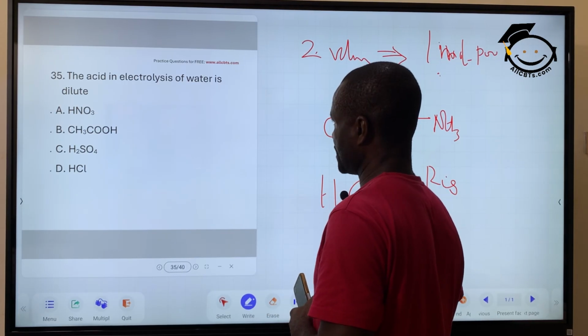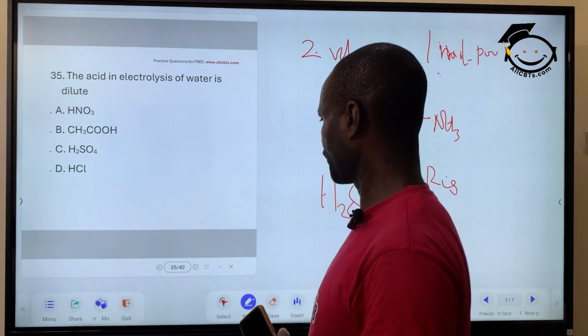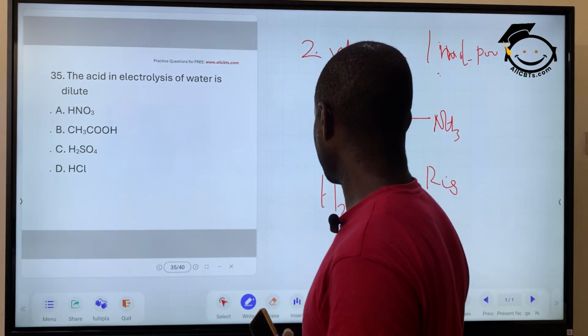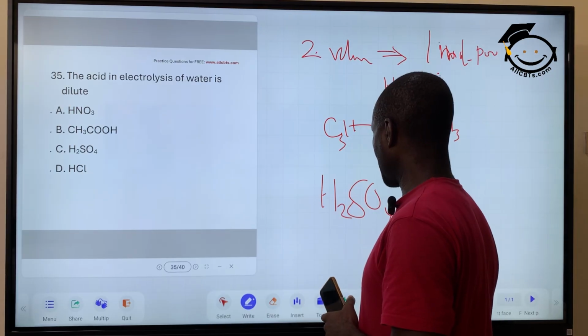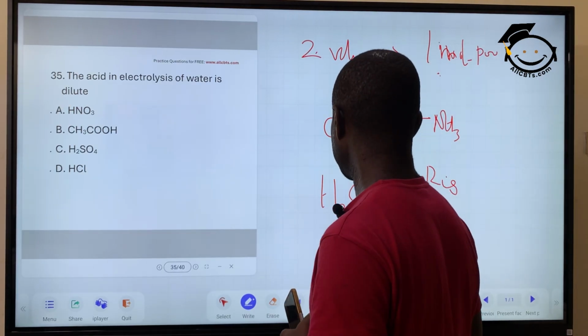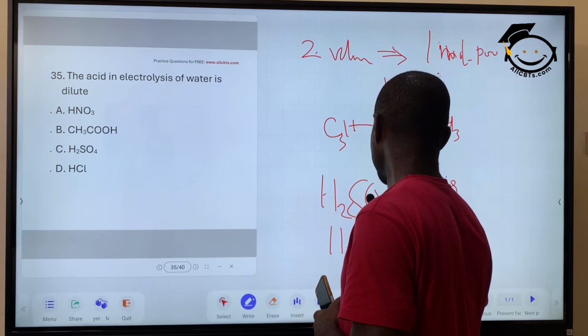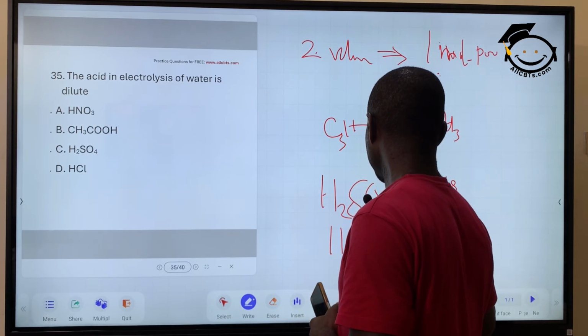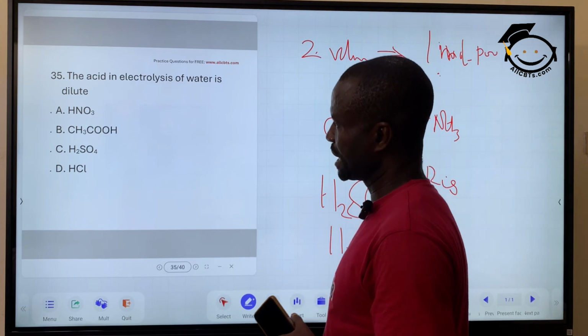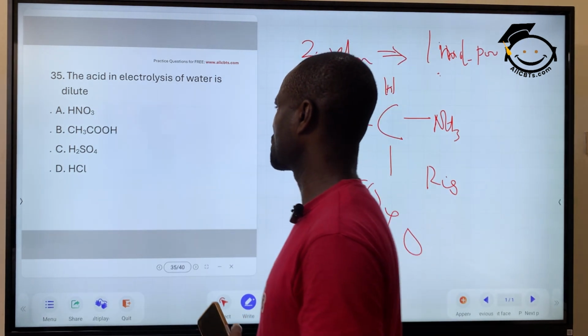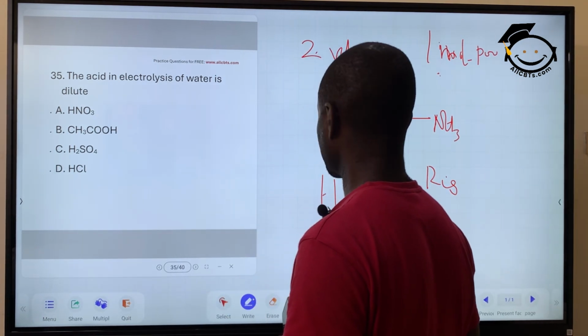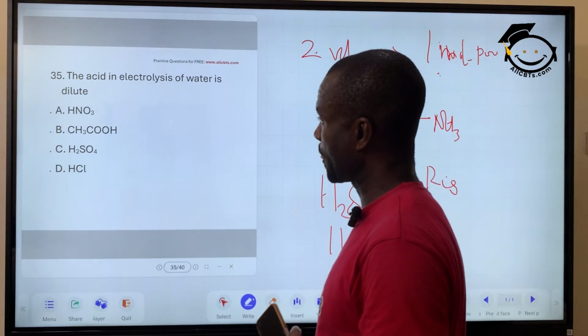Dilute H2SO4 is used in the electrolysis of water. Water produces hydrogen and oxygen in the ratio 2:1. That's why it's called electrolysis of water, because hydrogen and oxygen are produced at the electrodes.